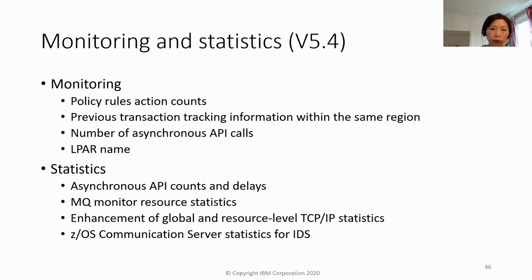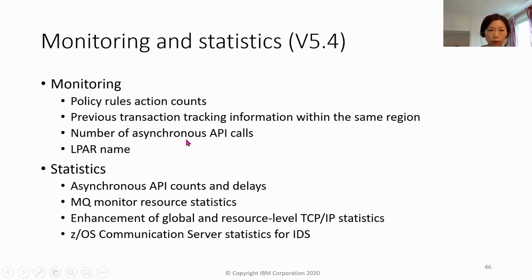But in 5.4, we put in a previous transaction so that you can see within a region that this particular task started another task. So that is within a region. With that, you can build a more complete picture of how your application propagates from one region to the next.